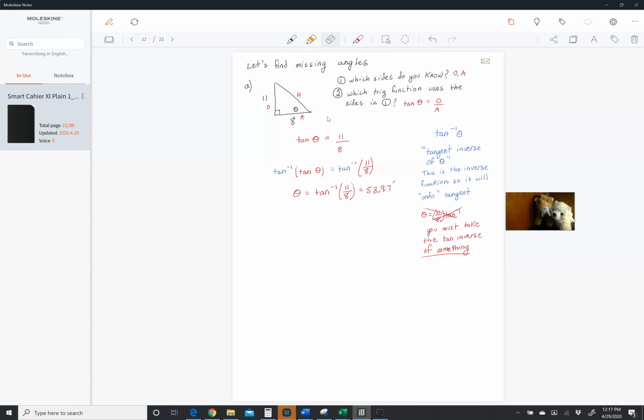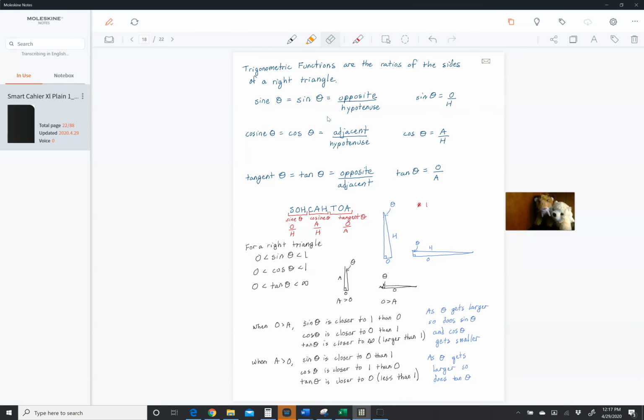And I'm just going to add this in on the other page, that when theta is over 45 degrees, the opposite is greater than the adjacent.